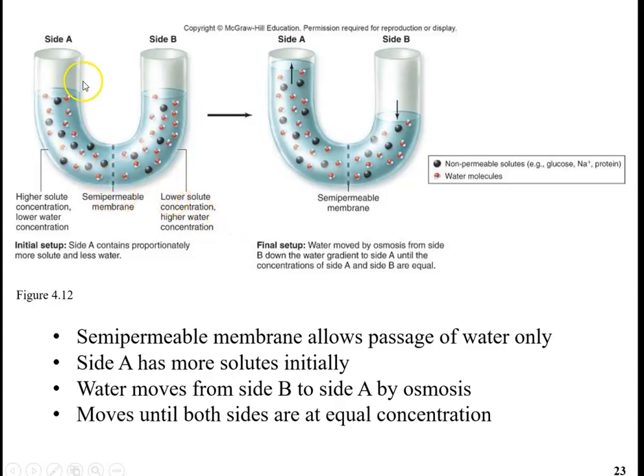In this U-shaped container, you have a semi-permeable membrane, and on the right side you have a lot of water molecules and not as many solutes, and on the left side you have not as many water molecules and a lot more solutes. So what's going to happen is water is going to pass through the semi-permeable membrane until there's about an equal concentration of solutes on both sides.